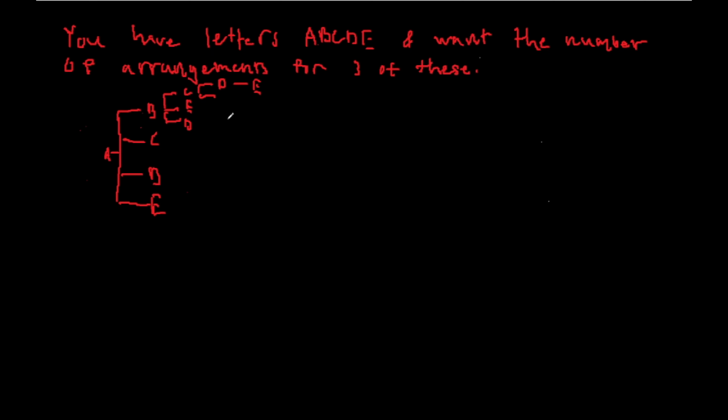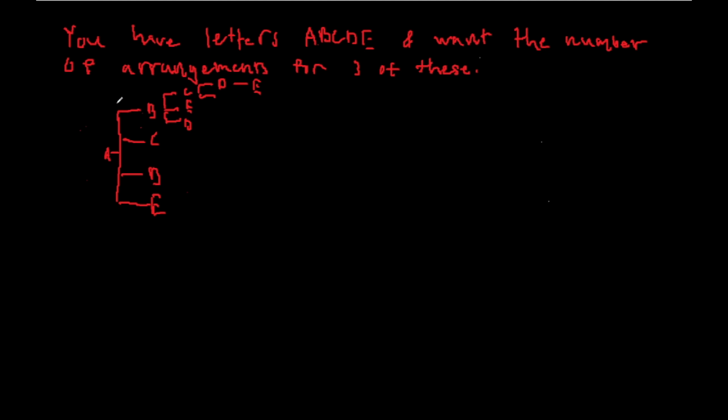You have 5 letters, and if you start with A, you can go A, B, C, D, E, or A, B, C, E, D, then A, B, E, C, D, and so on. I think you understand.